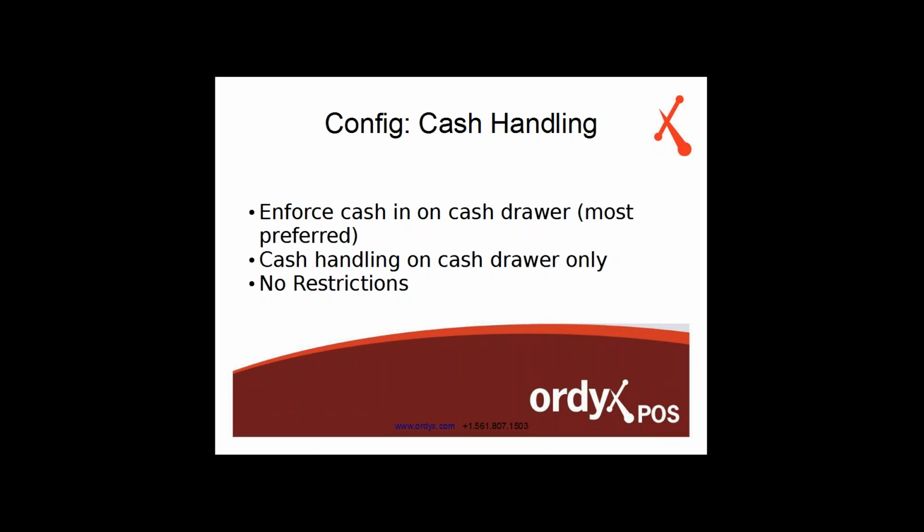If a server makes a cash payment and the cash drawer is not cashed in, the transaction will go directly to his bank. But if the cash drawer is cashed in, it will go into the cash drawer.